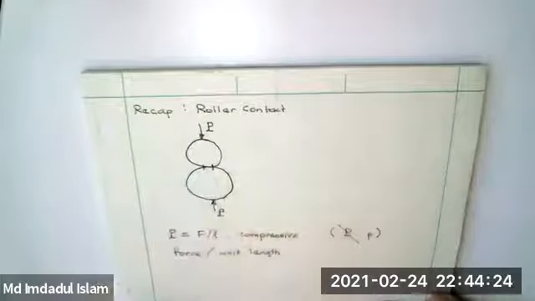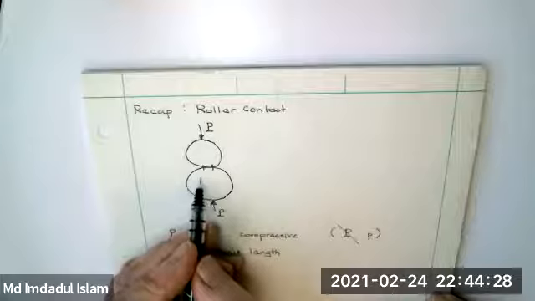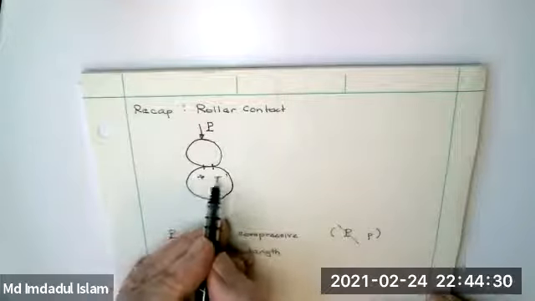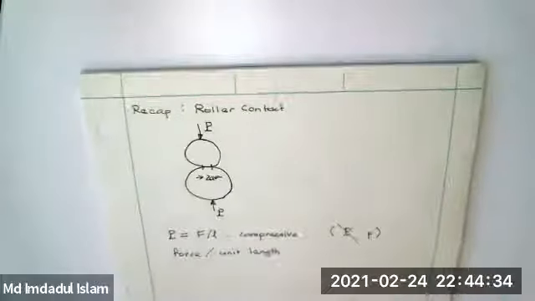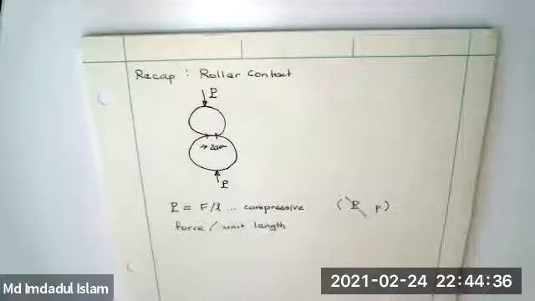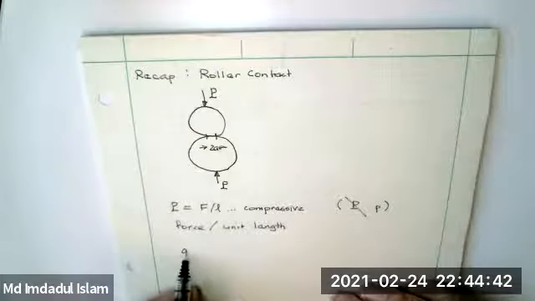When you push these two together, you get a contact extent, and the traditional letter for that is 2A. 2A is the total contact extent. So if somebody asks you what the contact extent is, it's not A, it's 2A. But we have a formula for A from Hertz.